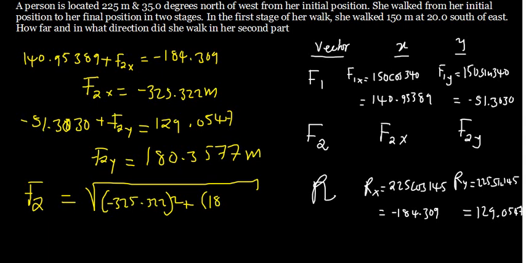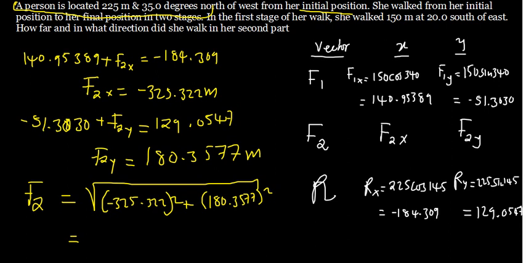I'm sorry, sir, but I didn't understand how you made that equation. Look at the question. A person is located at 225 meters and 35 degrees north of, that's our location from our initial position.